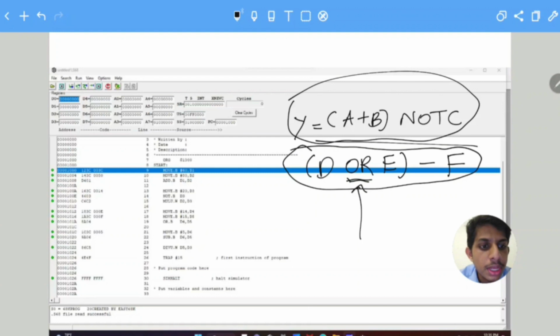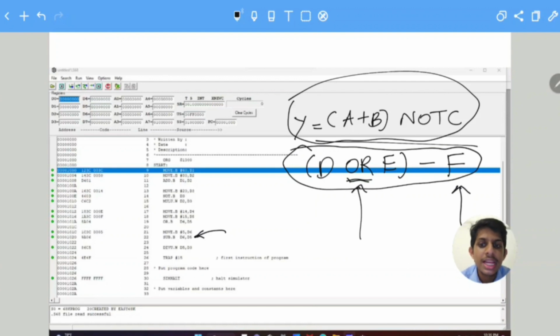After that, we move on to F. For F, we must input the value of F into a particular destination. So I move.B #5,D6. It means I move the value of F into destination 6.